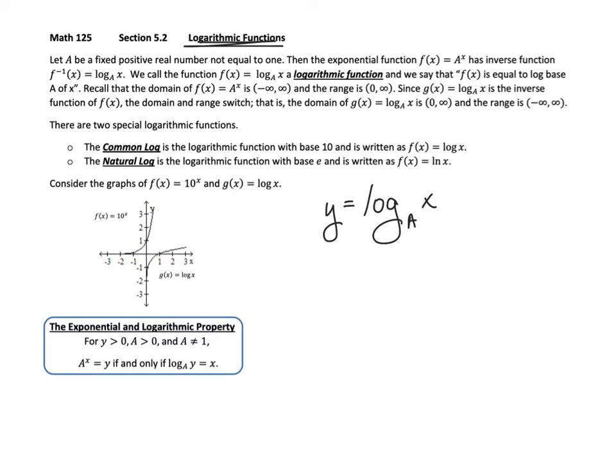All right. Just letting you know, we have two special ones. These are the ones that you see on a scientific or graphing calculator, the buttons. If you see log of x, that is an understood base 10. Now we'll deal with logs with all different kinds of bases, but if you see log without a base, it's an understood 10. We call it the common log.